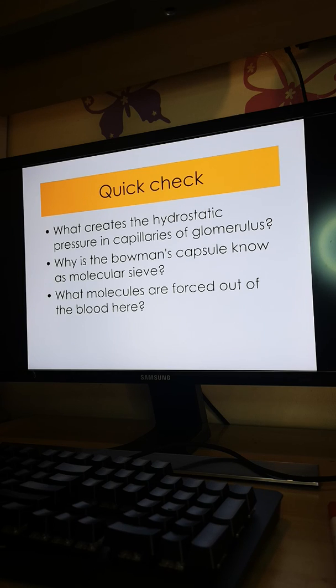They often like to work with you thinking about what's moving in application questions, as you'll see. Basically, everything other than proteins and large molecules gets forced out of the blood plasma at the Bowman's capsule. So the rest of the kidney really is about reabsorbing everything that the body needs back out of the filtrate so it doesn't end up in the urine.